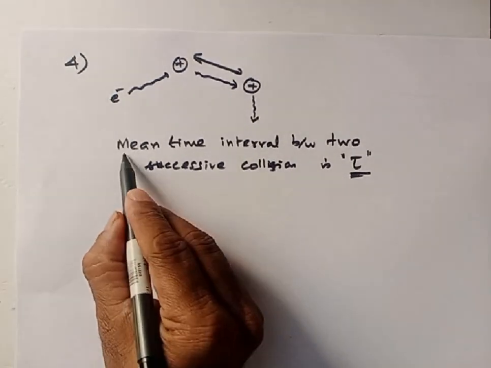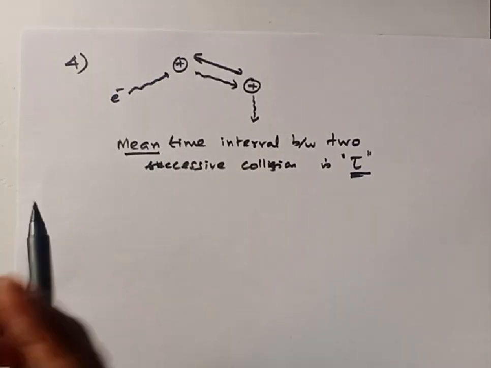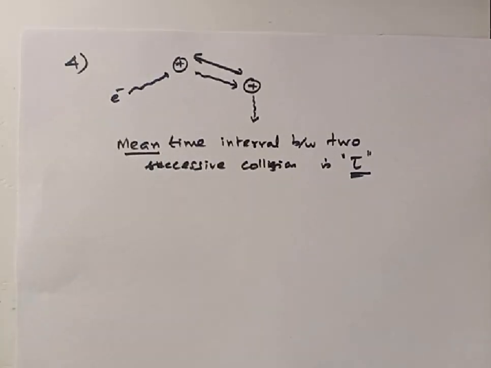Why are we taking the mean, the average? The reason is that not all electrons take the same time to undergo successive collisions. Some electrons travel a long distance and undergo successive collision, whereas some other electrons travel a shorter distance.